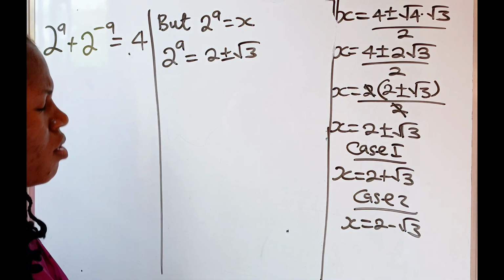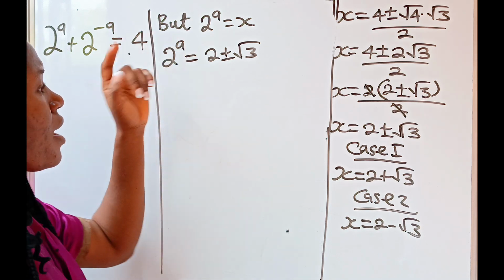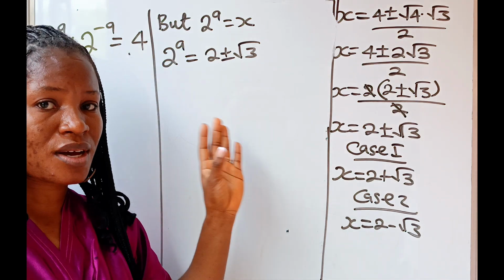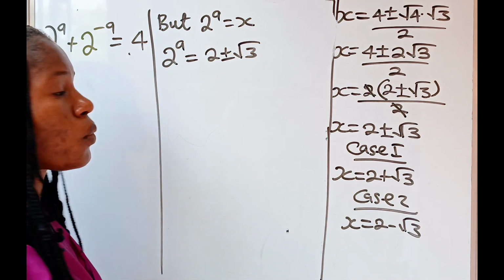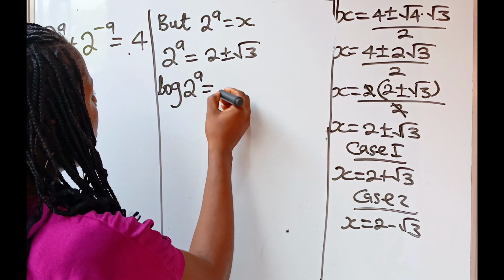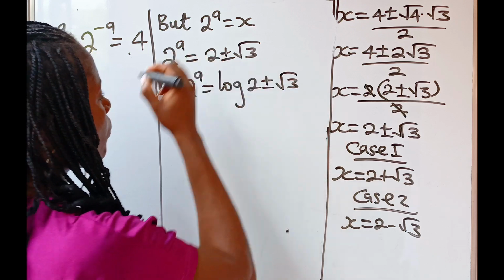All right. Now, because we are looking for a and a is the power, the only way to get this is to introduce log or ln to both sides of the equation. So let's introduce log to both sides of this equation. So if we do that, we have log 2 to the power of a is equal to log 2 plus or minus root 3.